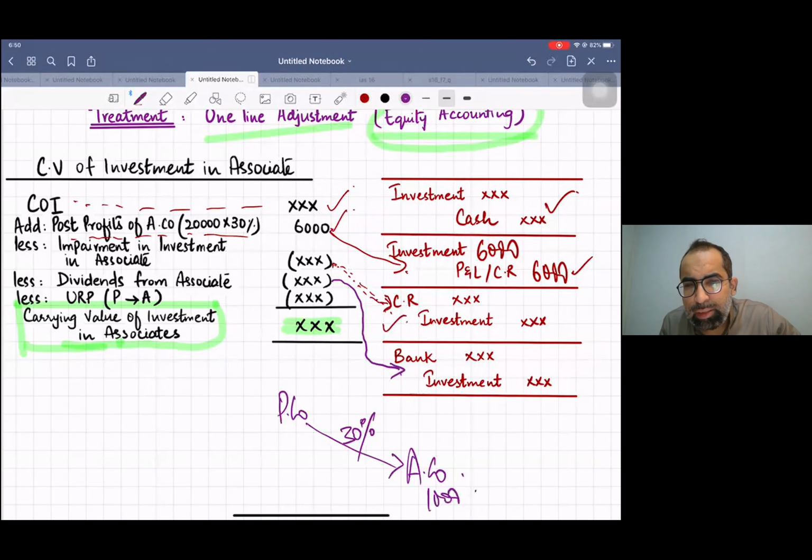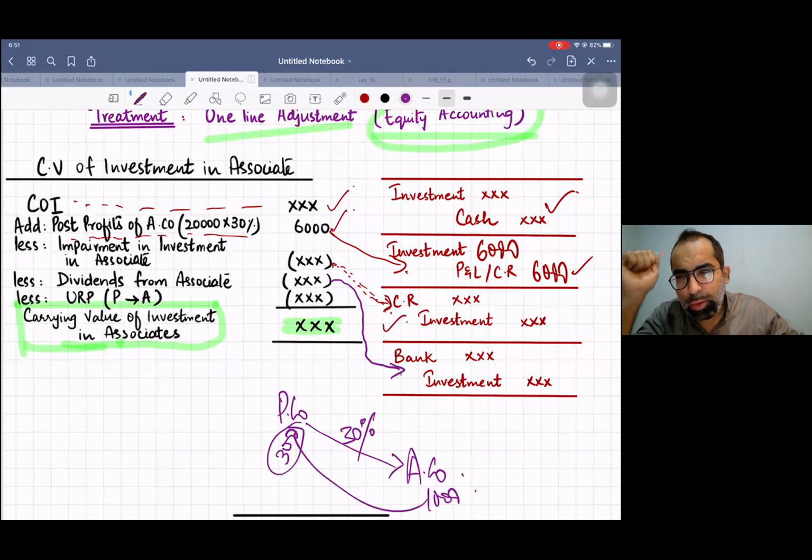Obviously, parent company is the 30% owner of A company. Out of this 1,000, 30% means 300 will go to parent company.